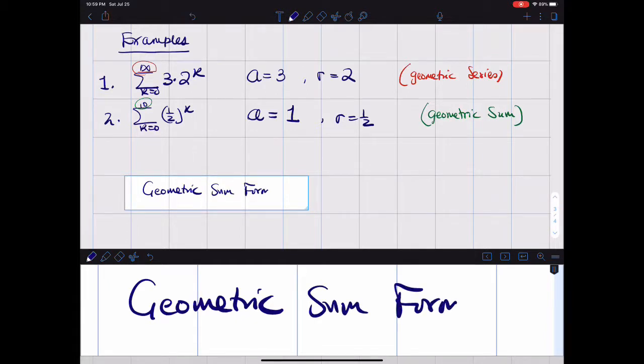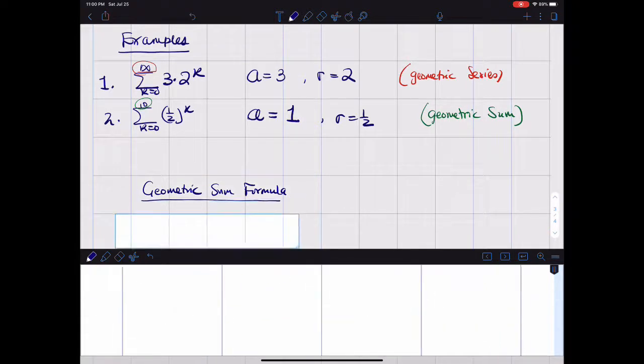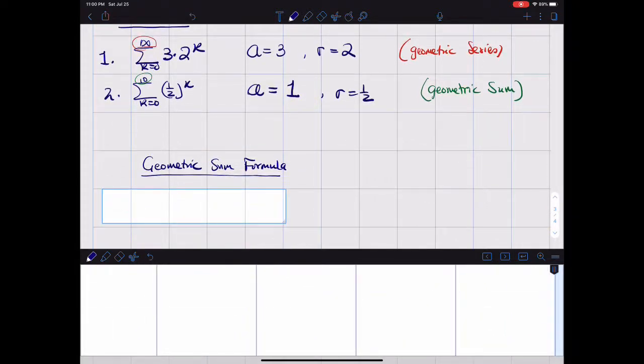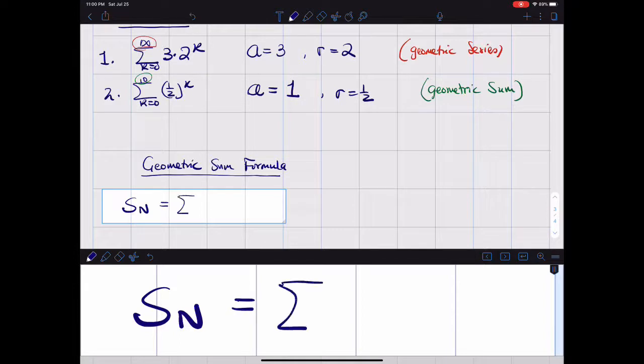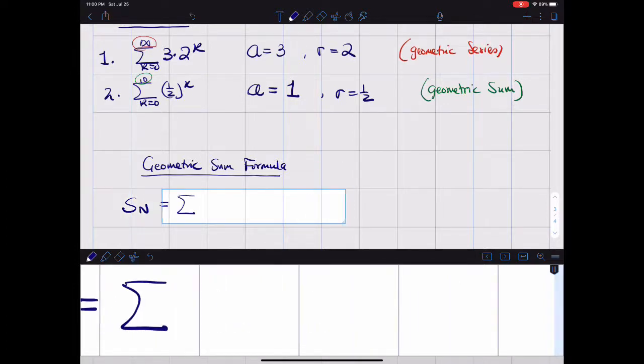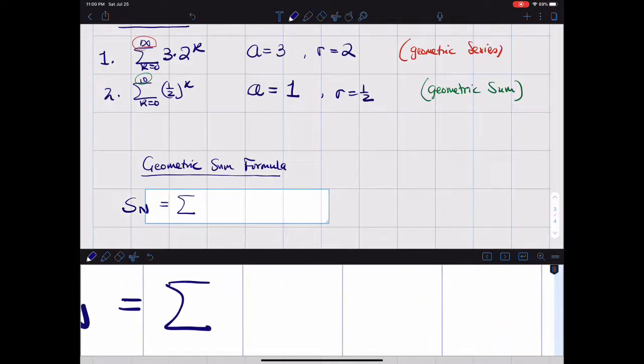This is actually very good. I like proving this. Sometimes I mess it up, but I like it. All right, let's start with a partial sum. This partial sum is the summation from k from 0 to n of a r to the power of k.